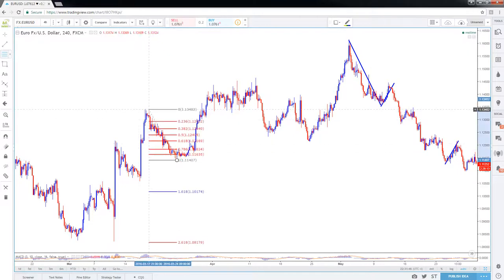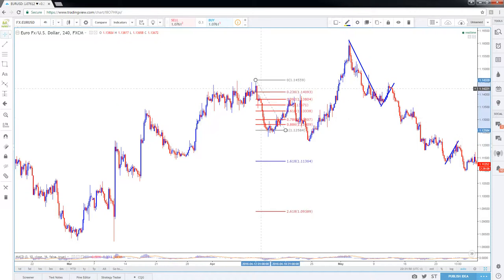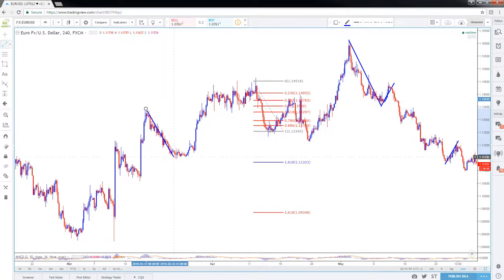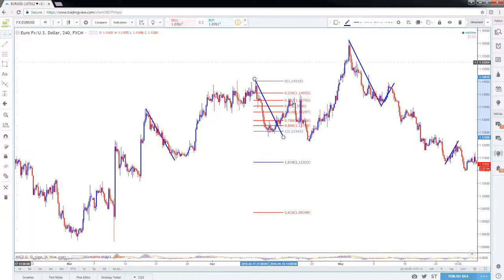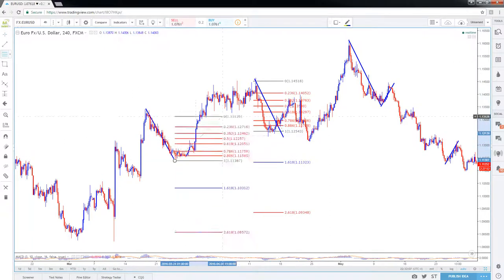So here, I would then check it against the next move down. You see how that almost comes in with a little bit of 100% right there. So let's take a look here, and this is literally almost identical length. It's off a little bit, but you get the point.